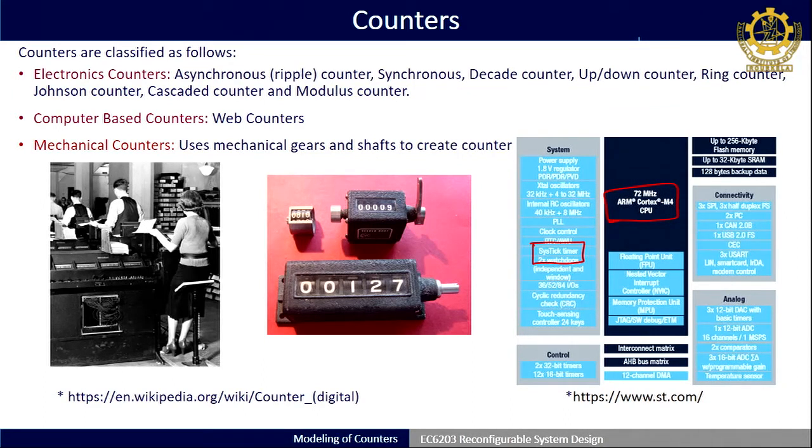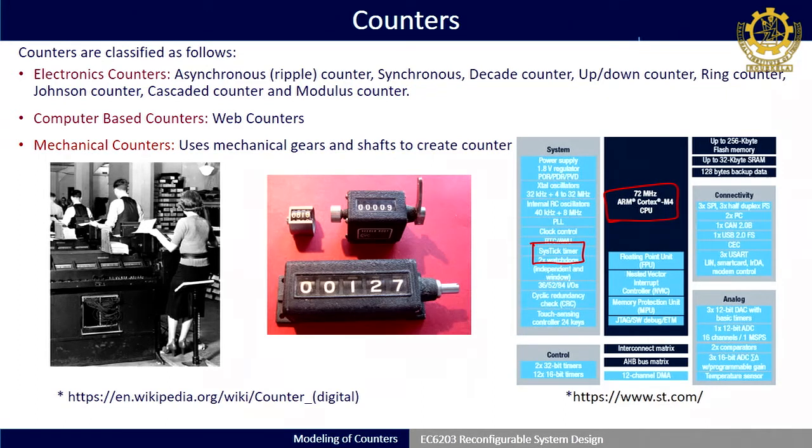You can have computer based counters, like on a website where you might have seen that when persons enter the site, it shows the number of visitors as a count. That is used at software level to monitor the visitors of the website. Earlier, they were using mechanical counters, where you have to use gears and shafts, all these mechanical terminologies, to create counters.